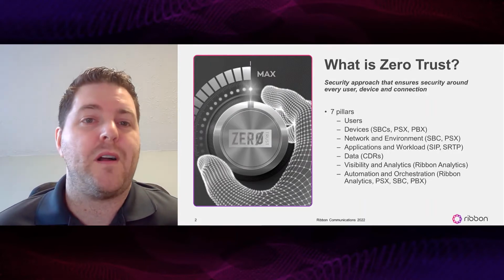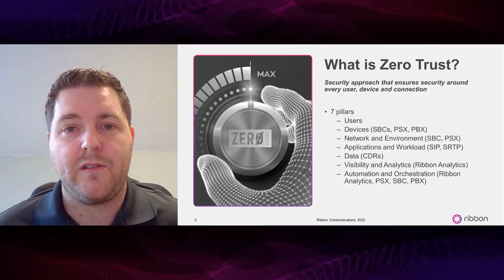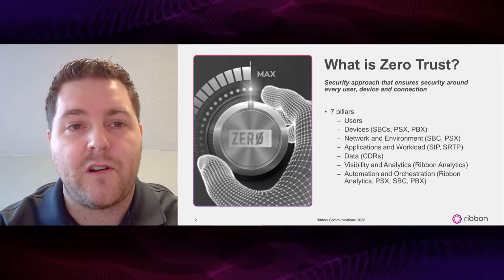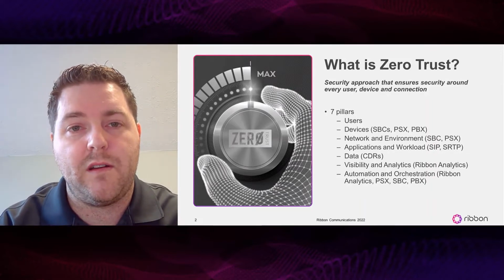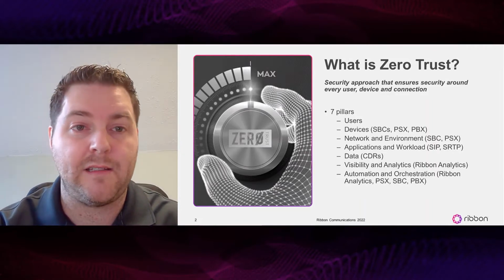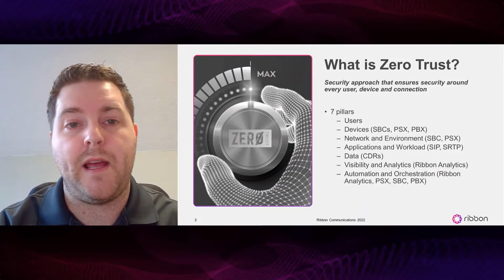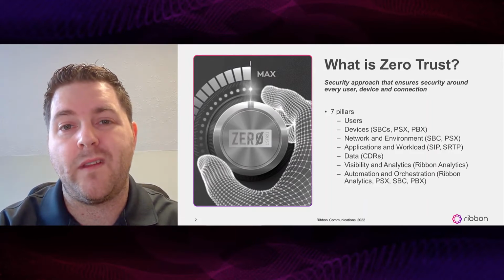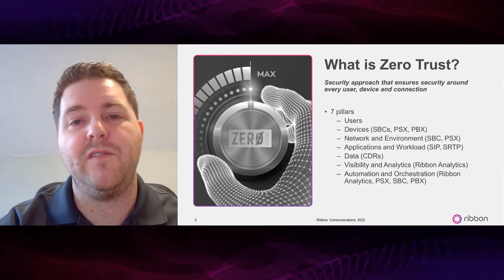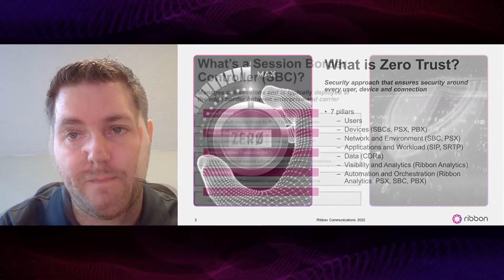Ribbon has multiple products that fall into different categories to expand your zero trust architecture into your voice network. As you can see here are SBCs, PSX, our AS, and Ribbon Analytics products, and where they fit into the zero trust architecture. The linchpin of all of this is the SBC.